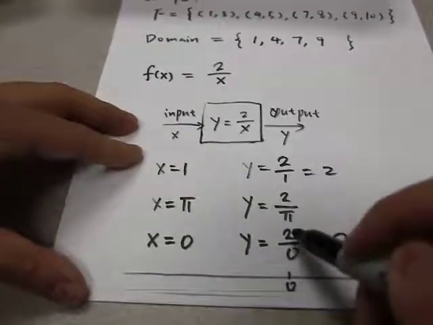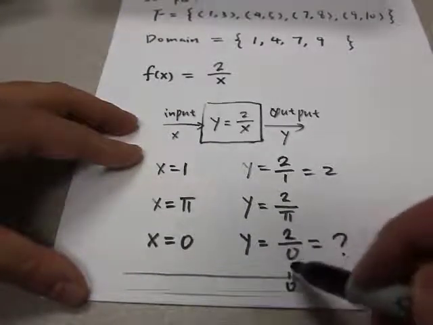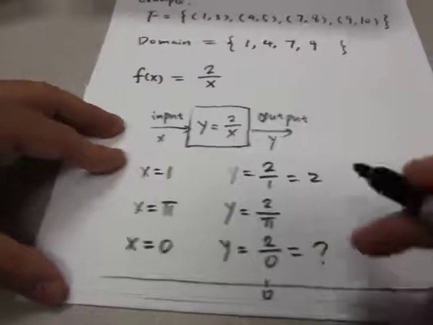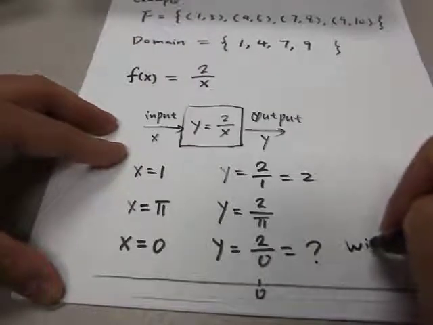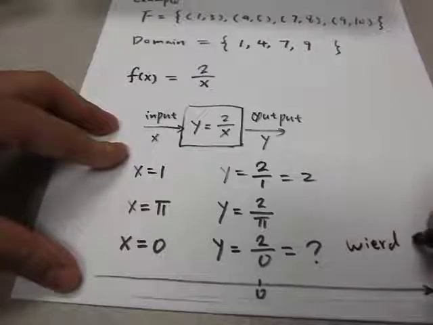So if I have something like this, this is what I call the weird number.